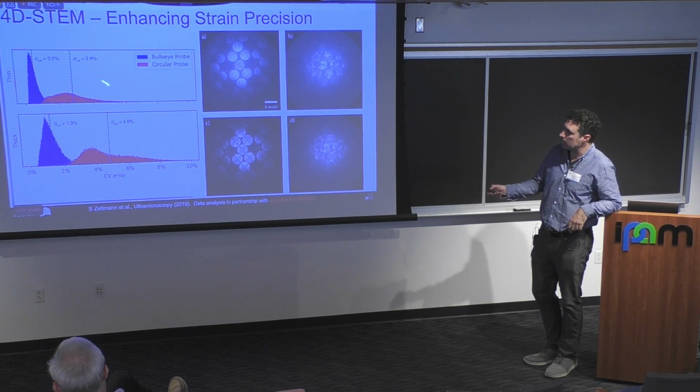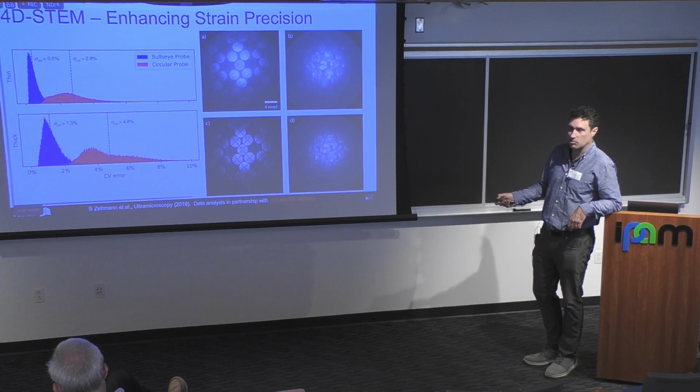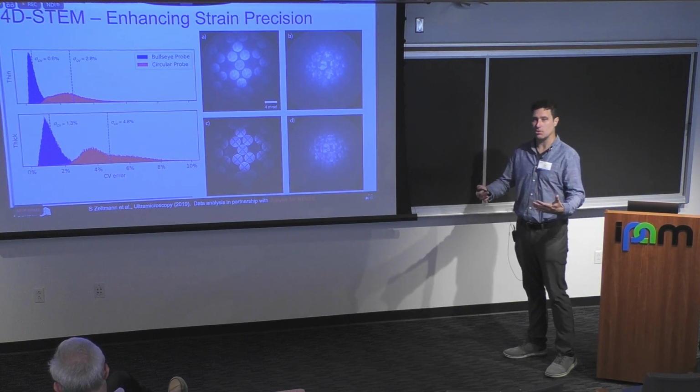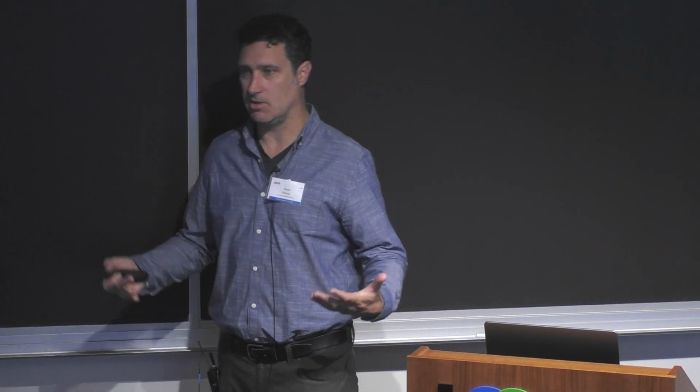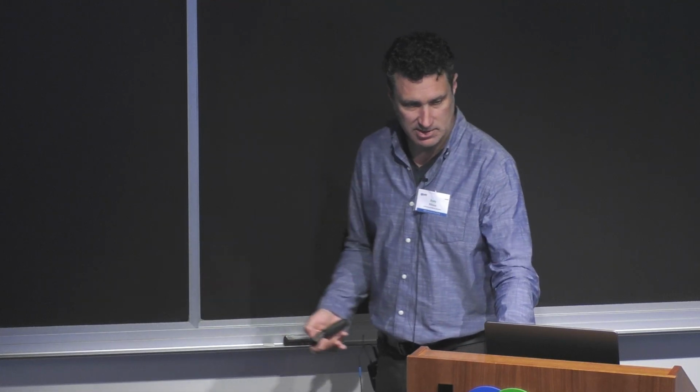In the thin sample you go from, let's say, 3% down to 0.6%, but in the thick sample you get a huge increase in your accuracy and your precision from these bulge apertures. And in an in situ experiment, you're always with a thick sample, or else things will just break.